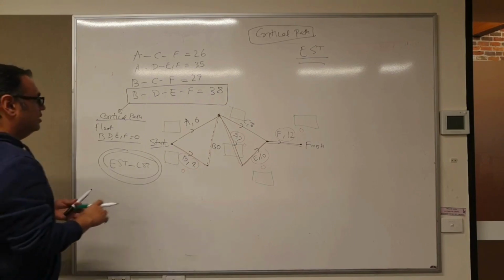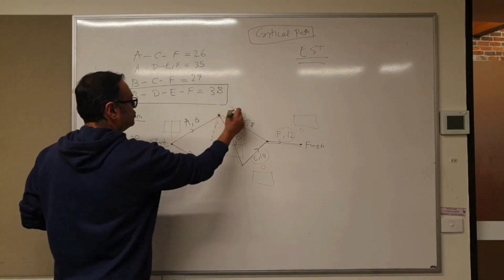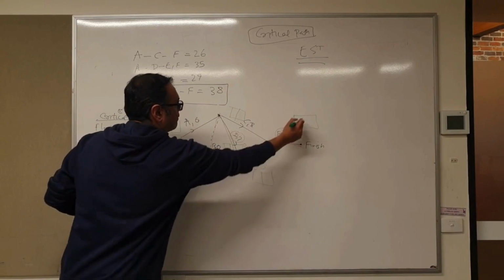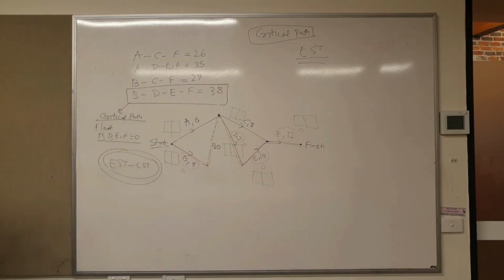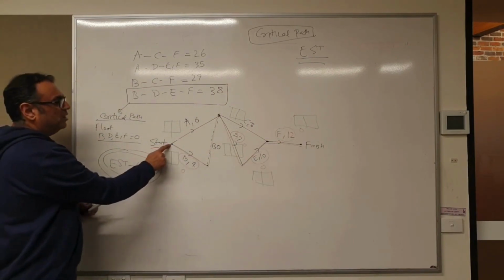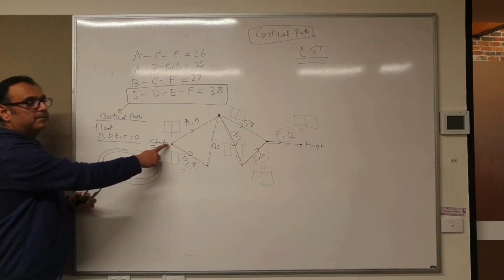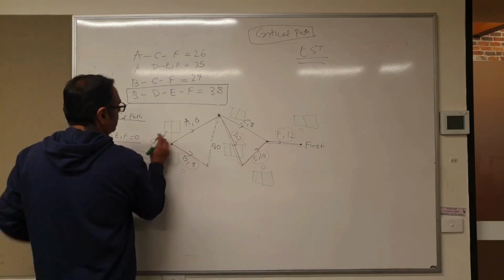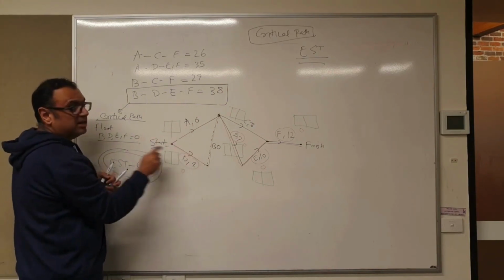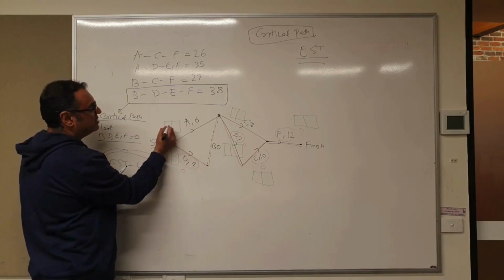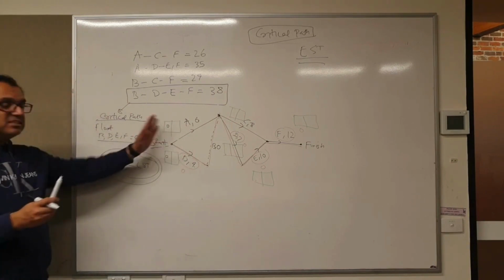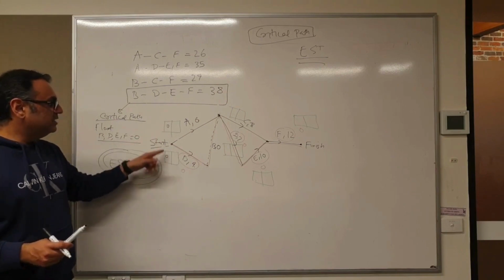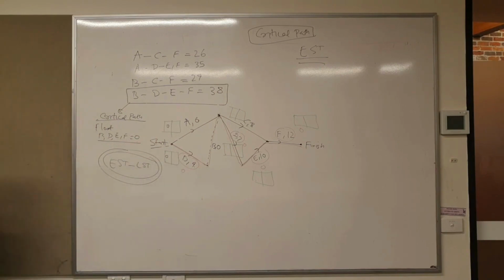Now, we divide it into two parts. When you are starting, your EST for the starting activities is 0. So on the left side of the box, you write 0 because they are the starting points.